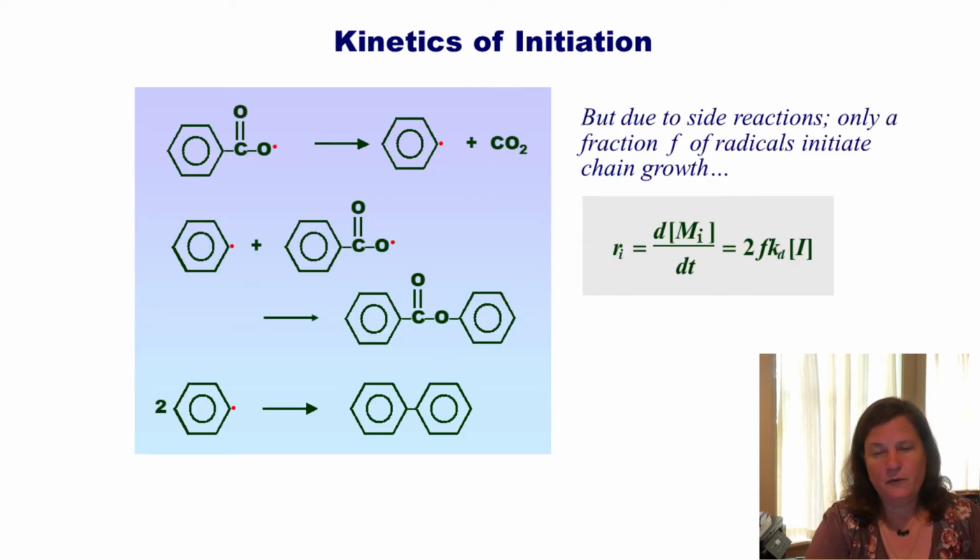So an important consideration is that not 100% of the radicals initiate monomers. So we put in an F. It's the efficiency, or the fudge factor, or however you want to think about it, but that F should be as close to 1 or 100% as possible, because you want your initiator to initiate the polymerization, to initiate the first monomer.